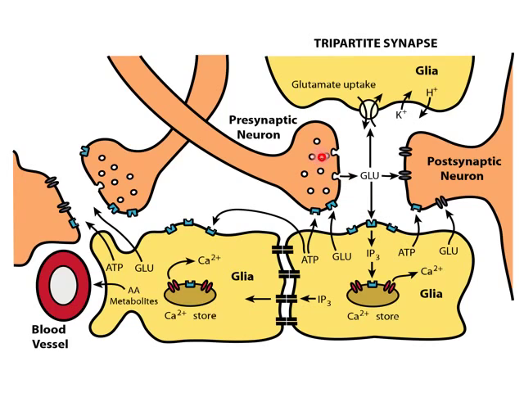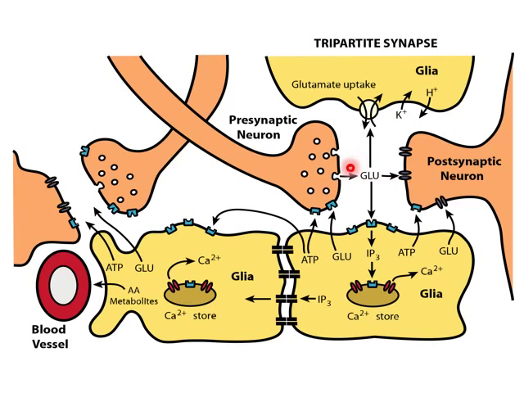When a presynaptic neuron is activated and releases glutamate, the removal of glutamate from the synaptic cleft is controlled largely by glutamate transporters on astrocytes, which remove glutamate and transport it into the astrocyte.